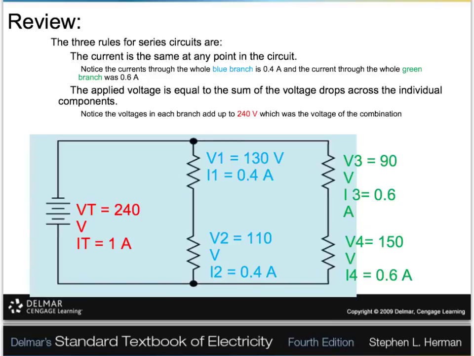Okay, so for a total review, we know that the current is the same through any point in a series branch. So through this branch, 0.4 amps, 0.4 amps. Through this branch, these guys are in series, 0.6 amps, 0.6 amps. And their voltage is equal to the sum of the voltage drops across the components. So 130 and 110 is 240, 90 and 150 is 240.